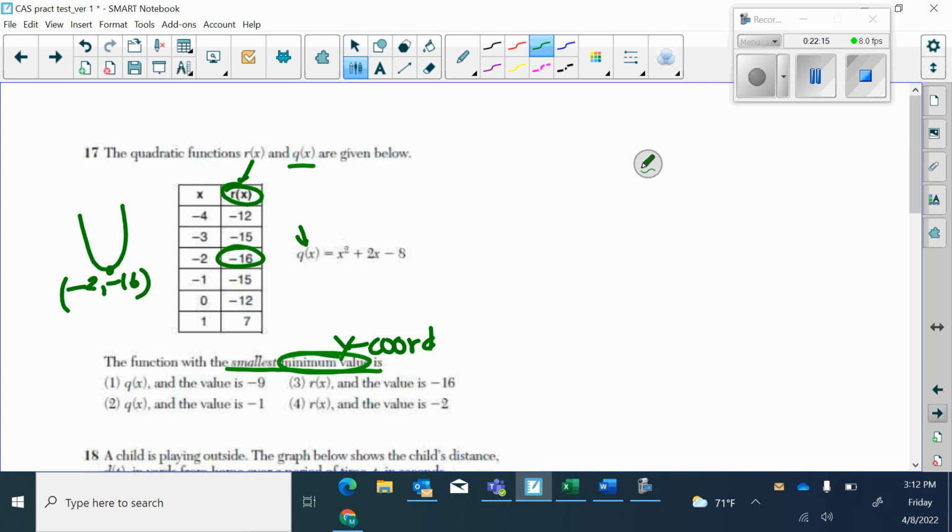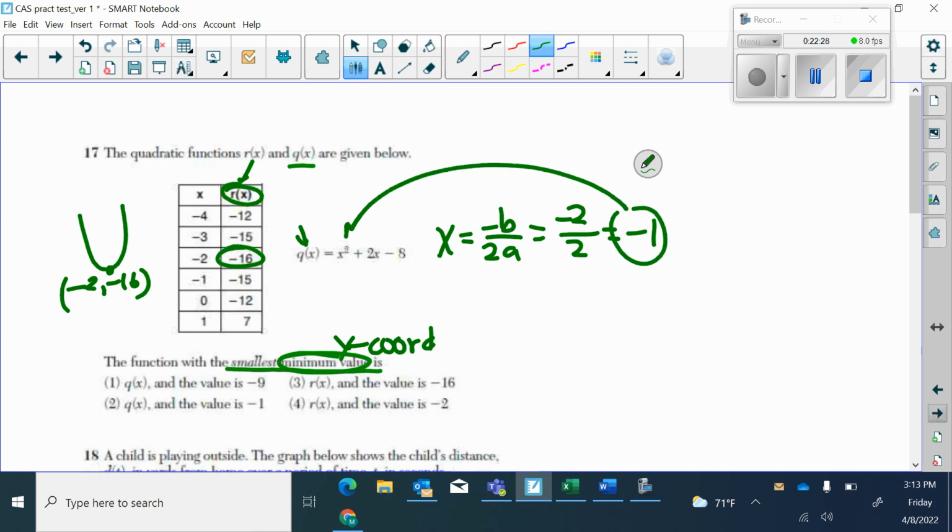What's the vertex here? Remember, I get the x coordinate from negative b over 2a. You can't forget this. So I have negative 2 over 2, which then gives me negative 1 for the x coordinate. Now I plug that negative 1 into there to get the y coordinate. So y equals negative 1 squared, which is 1, plus 2 times negative 1, which is negative 2.